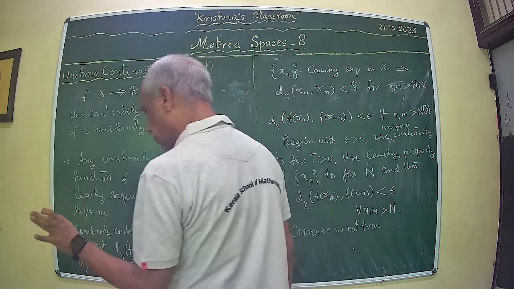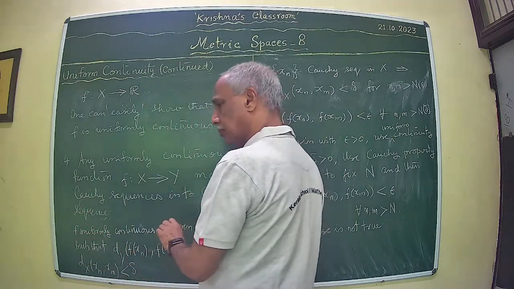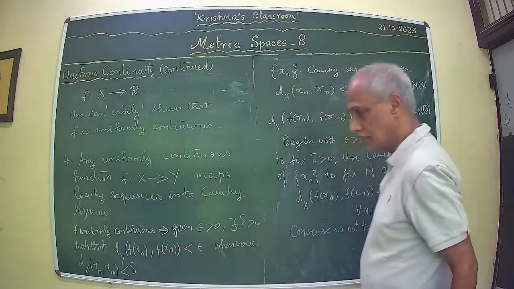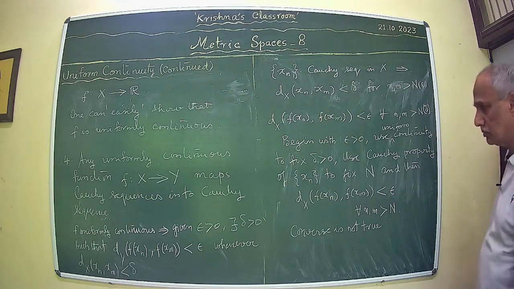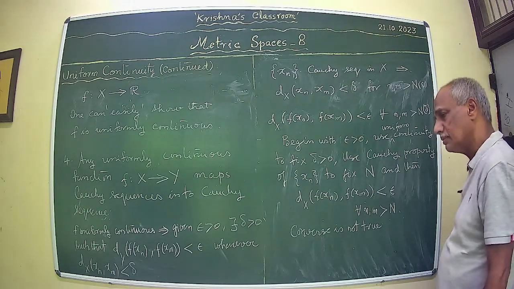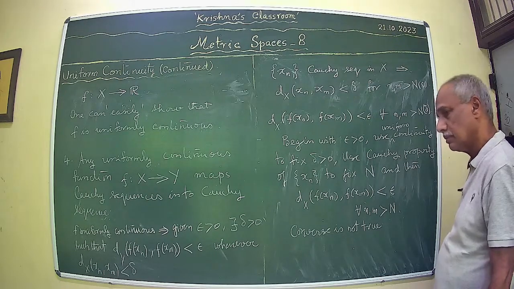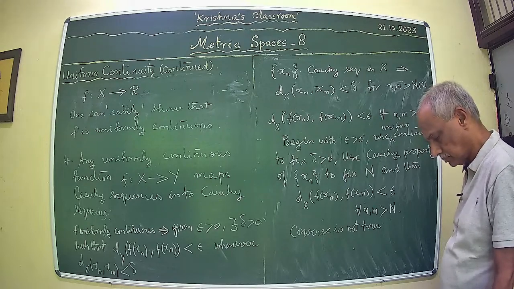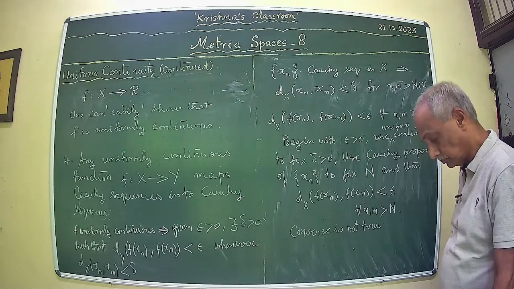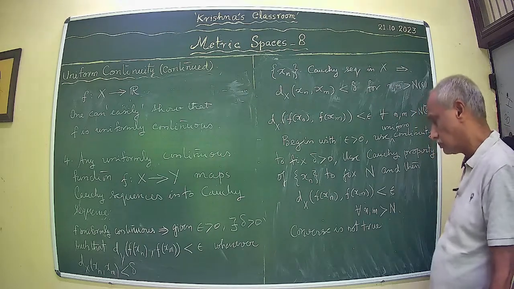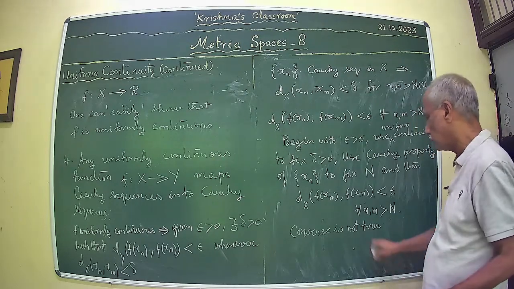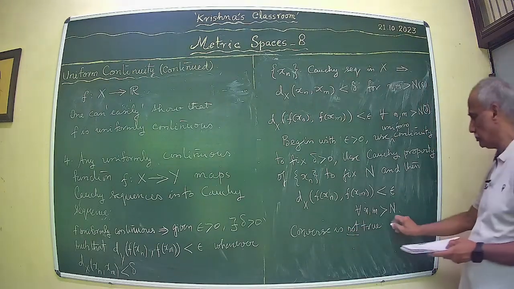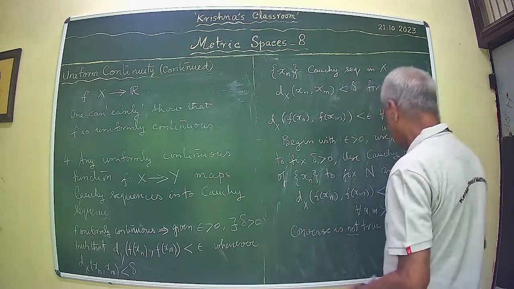Suppose a Cauchy sequence is mapped to a Cauchy sequence, then can you say that it is a uniformly continuous function? Okay. Now this problem I leave with you.